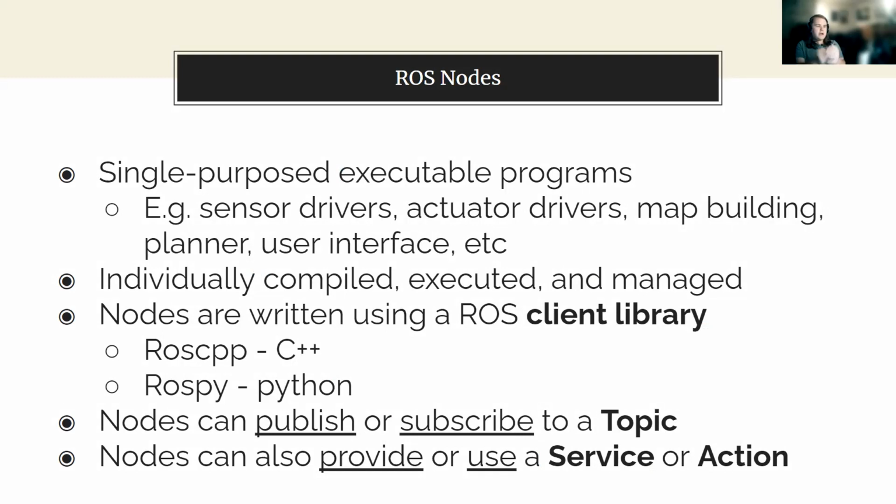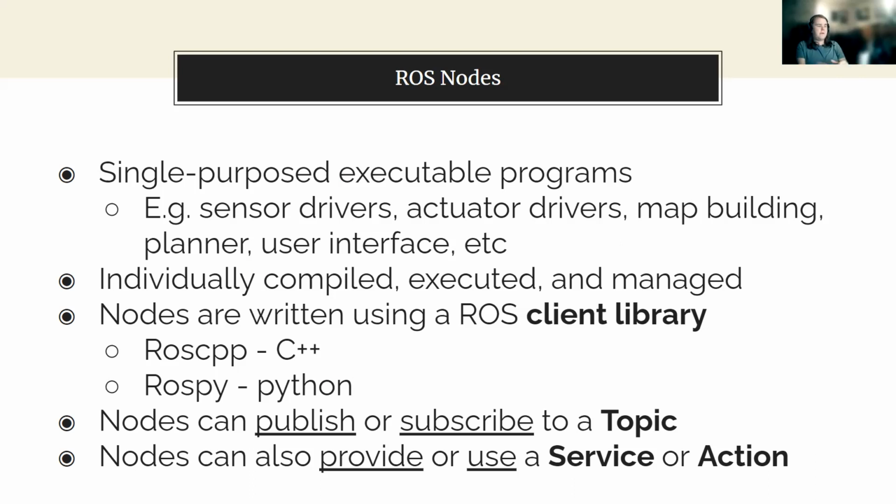Any code that you write that does one single purpose, that's a node. They're individually compilable, executable and manageable. That means they can be written in different languages and are compiled separately, so there are no dependencies on each other, and they're executed separately too. So if you write two nodes, they're essentially totally separate from each other.